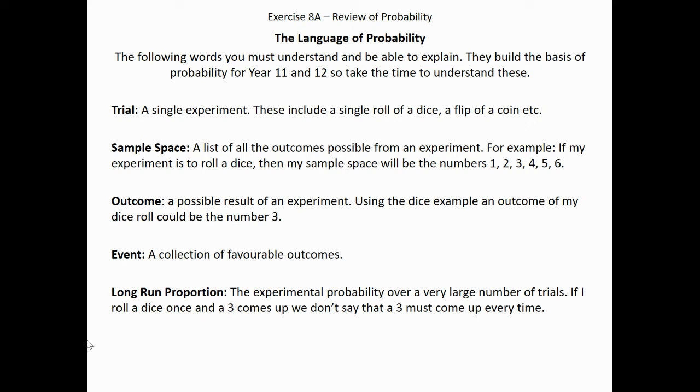Maybe you don't quite get 500 heads and 500 tails. Maybe you get 490 tails and 510 heads. So experimental probability is when you actually do an experiment. So that long run proportion is measured that way. So through an actual experiment instead of just there's 6 options, they're equally likely.